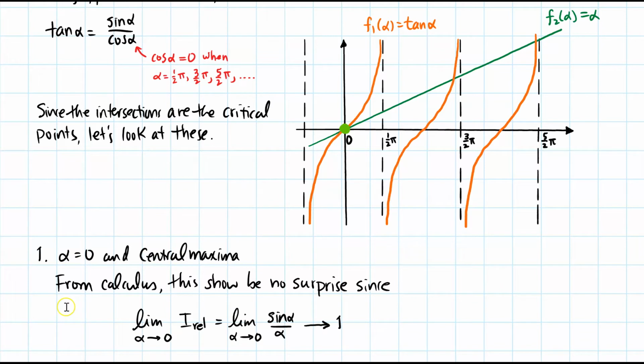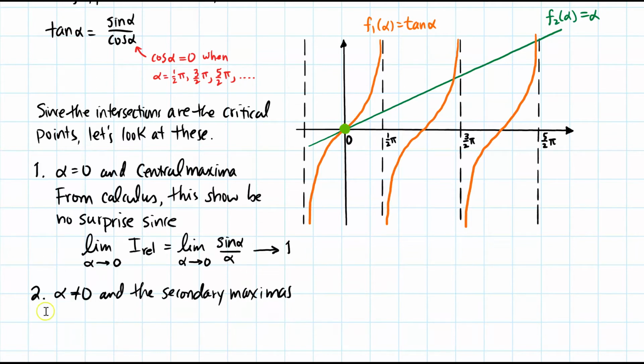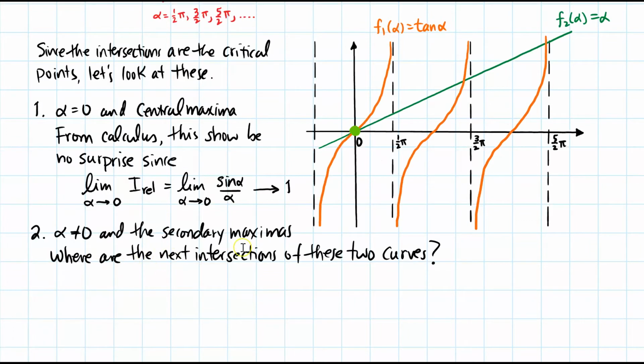This should be no surprise from calculus, because if I look at the limit as alpha goes to 0, sine of alpha over alpha approaches 1. There's the central maximum. Now to alpha not equal to 0 and the secondary maximas. Where are the next intersections of these two curves?